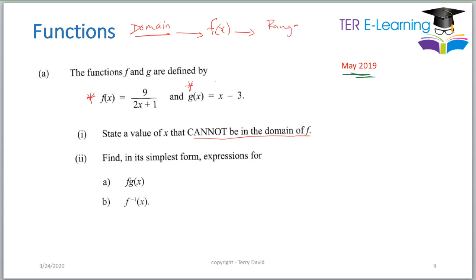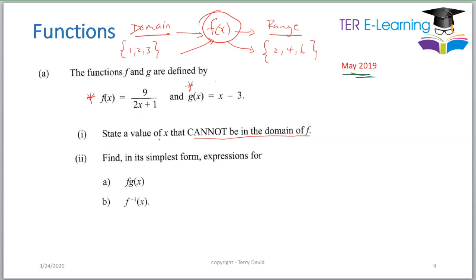A domain could be something like 1, 2, 3, and I'm gonna put it inside the function. When I put it into the function, I'm gonna get some numbers coming out. So the numbers could be 2, 4, 6, depending on what the function is doing. So my domain is what we put into the function, and my range is what comes out of the function.